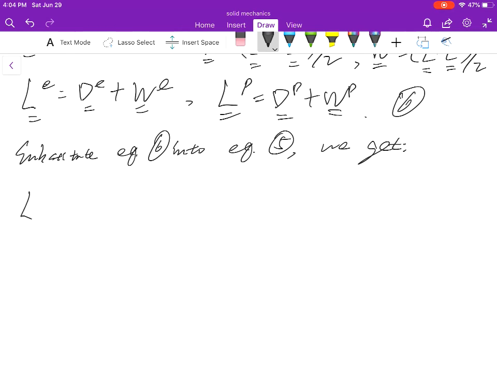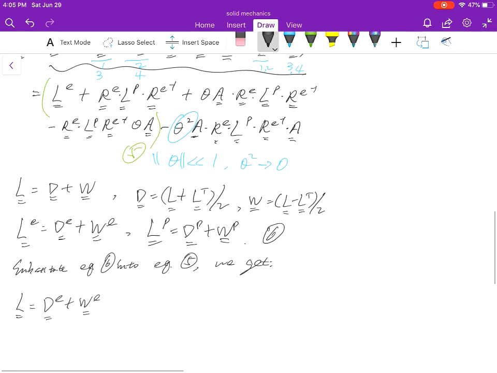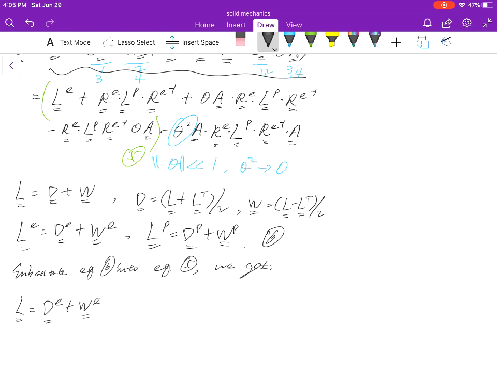So if we substitute, I will just directly write them out: LE equals DE plus WE, so for LE we have this part, and for this part we can write RE times DP plus WP times RE inverse.